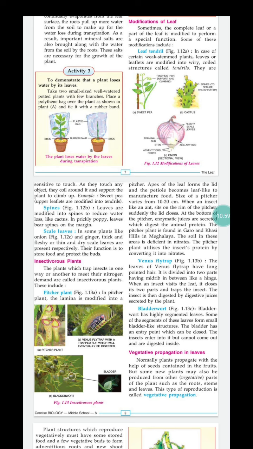Is it clear? Yes. So in this way, you find leaves are modified into tendrils, spines, scale leaves, and into a pitcher plant, a trap-like structure in Venus flytrap, and a bladder. Bladder is nothing but a pouch-like structure in bladderwort.